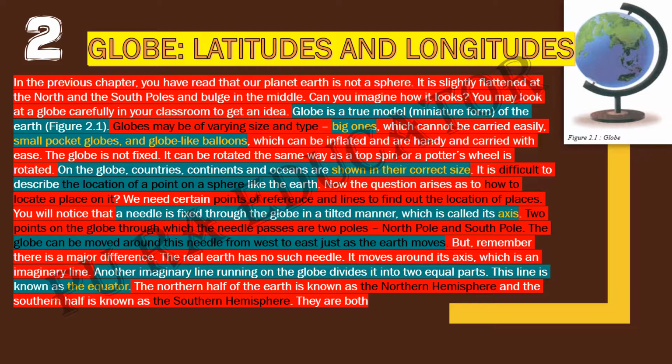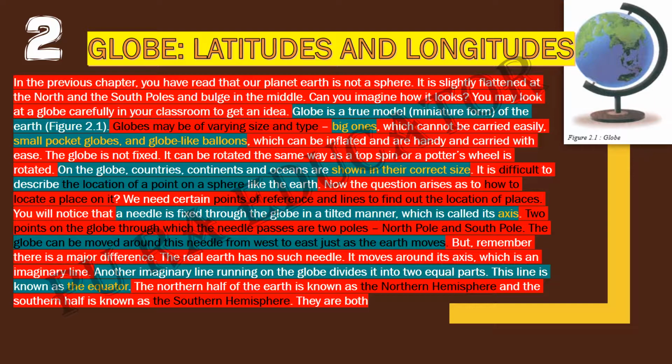Why is it important to study the globe? Because the countries, continents and oceans shown on the globe are in their correct size. And if you point to any point object on the globe, it will be very difficult to locate it because the point object is very small. How do we locate any place on the globe?